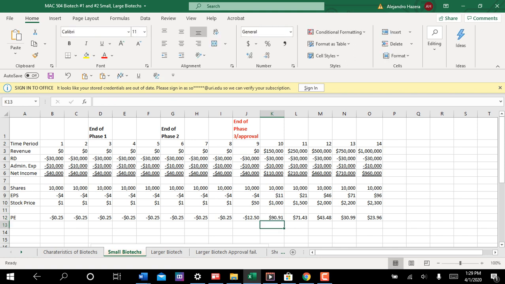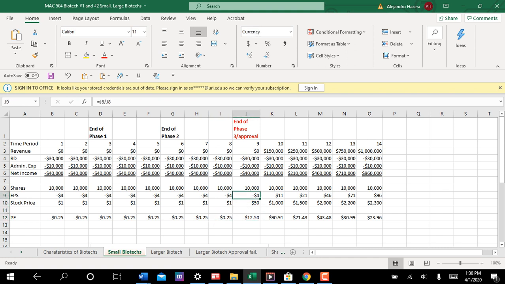And so in the ninth year, we're assuming that earnings are still negative, and the PE is still negative, but the stock price starts popping. So in essence, the PE goes to a larger negative.